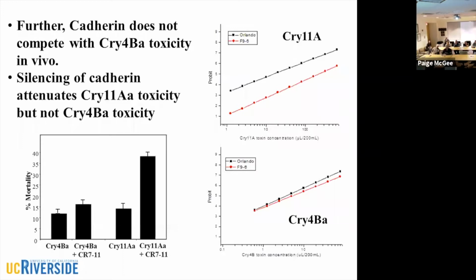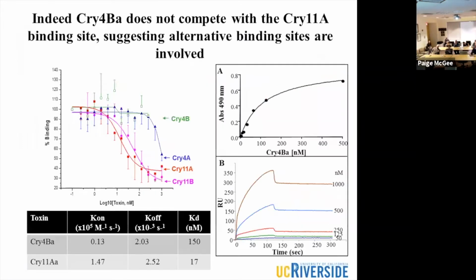Just by silencing this gene there is approximately a 15-fold difference. So it is important for Cry11A, but it is not important for Cry4B, because silencing this gene does not attenuate or change the toxicity from Cry4B. So it's a slightly different target site that occurs.